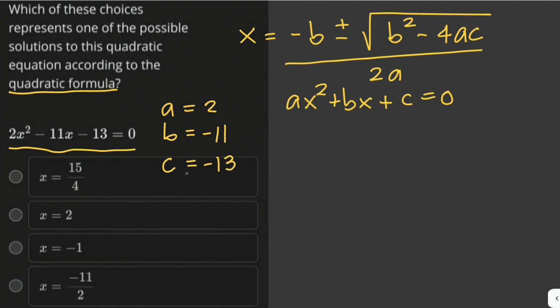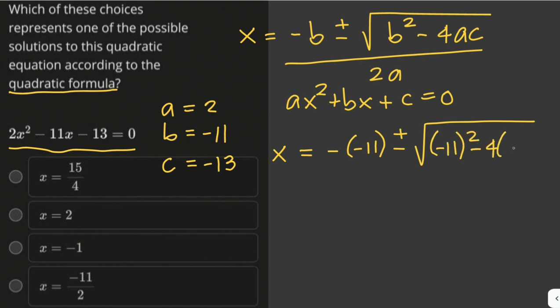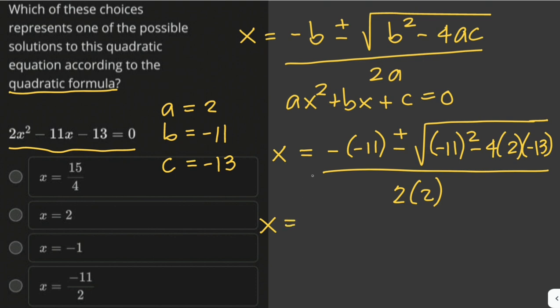All we have to do is to plug in the values of a, b, c to the quadratic formula. So that is x equals negative of negative 11 plus minus square root of negative 11 squared minus 4 times a, which is 2, times c, which is negative 13, divided by 2 times 2. So let's simplify this.